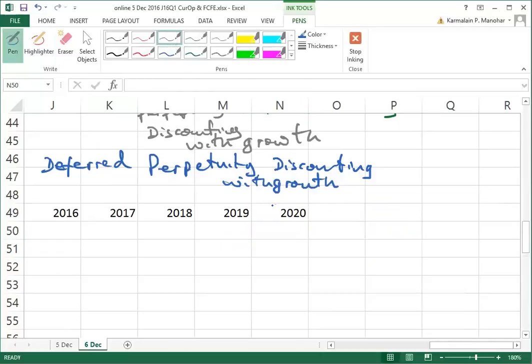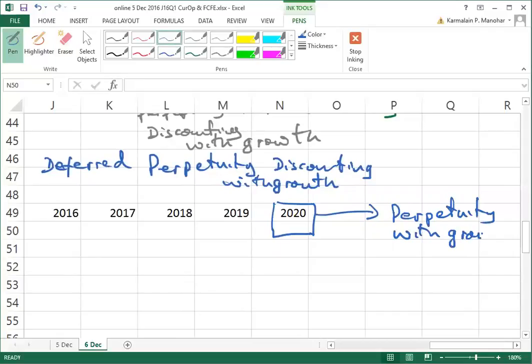So this dividend here is now going to be perpetuity with growth. And what's that growth rate? They gave it to us as 7%, right? So here G is equal to 7%.